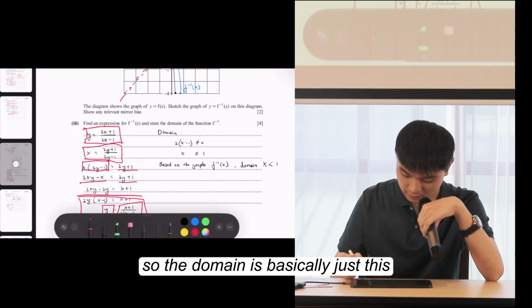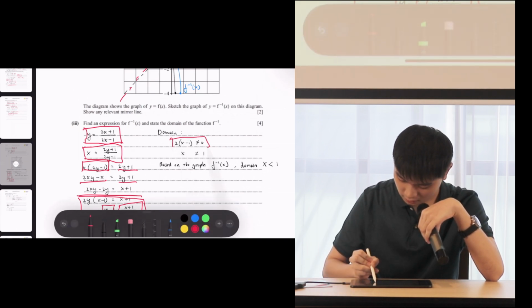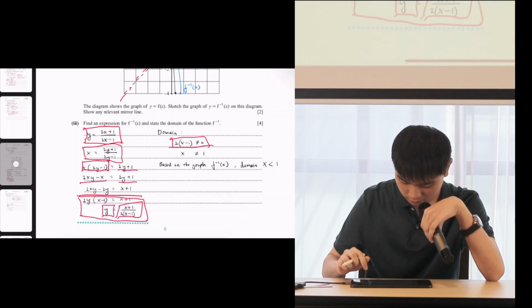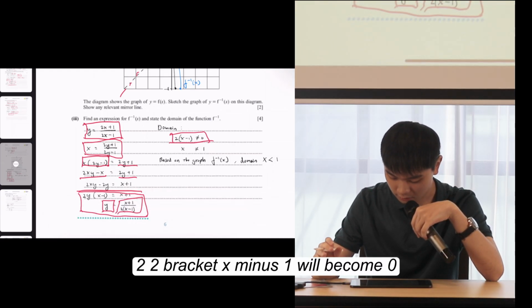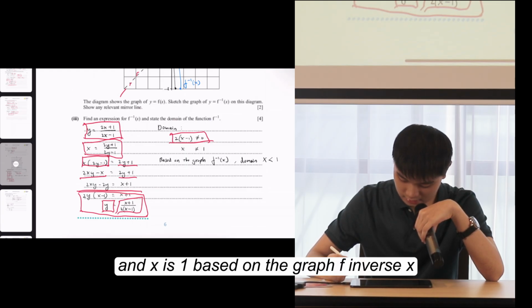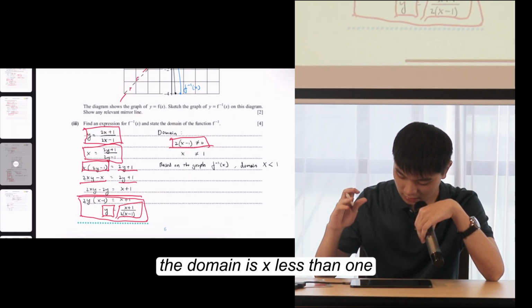So the domain is basically just this: 2 bracket x minus 1 will become 0, and x is 1. Based on the graph of f inverse x, the domain is x less than 1.